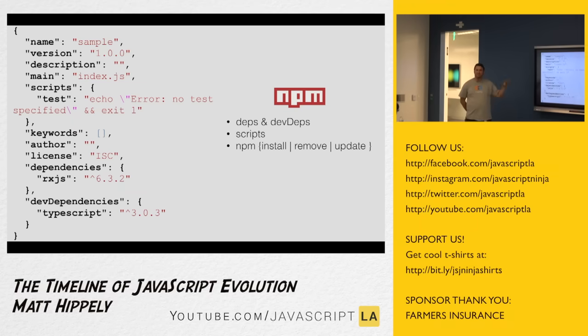And dependencies are things that are going to get packaged up and used inside your app when it's delivered to the client's browser. It also lets you manage these things called dev dependencies, because as these frameworks were evolving and getting more complicated, files were getting bigger. Webpack and Grunt and Gulp were doing things like, well, let's concatenate all of our JavaScript into one massive file, but now we need to make that file smaller.